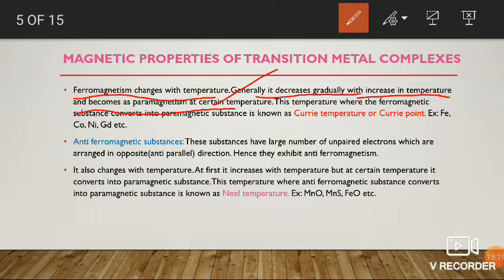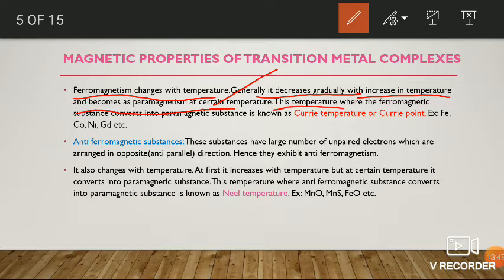That is, generally ferromagnetism depends on temperature. Starting with an increase in temperature, the ferromagnetism gradually decreases to some temperature. After reaching a certain temperature, the ferromagnetism is converted into paramagnetism.